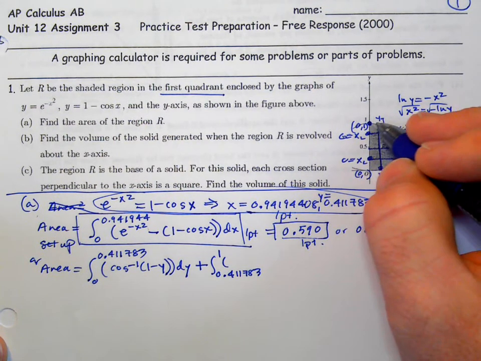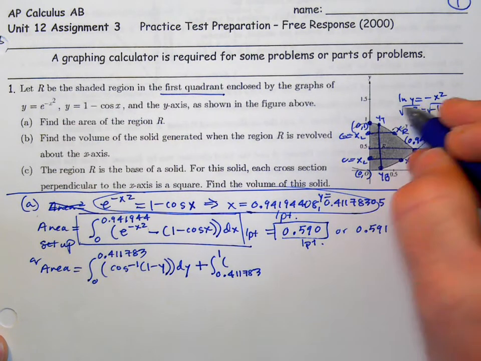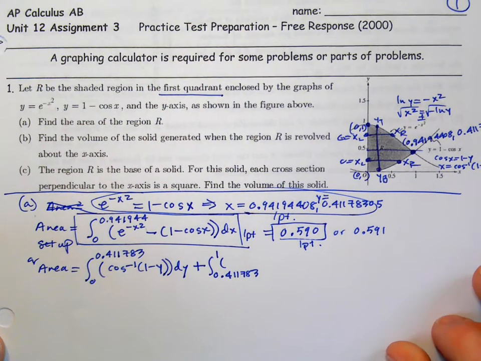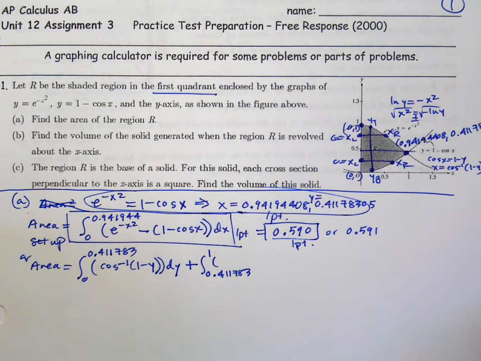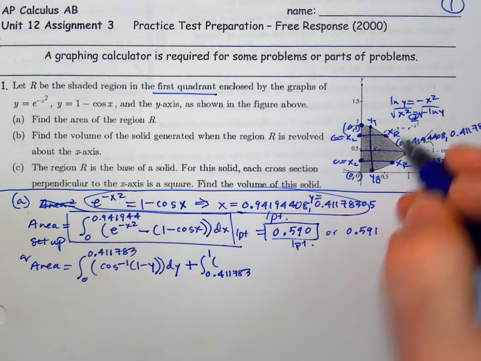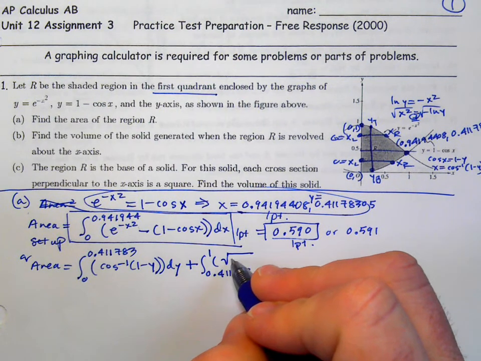So the right half is the same as the left half, but the left half would be the negative values for x. If you plug negative x's in here, you get the same as the positive x's. So we want the positive one for x right there. So that's going to be square root of negative natural log of y.